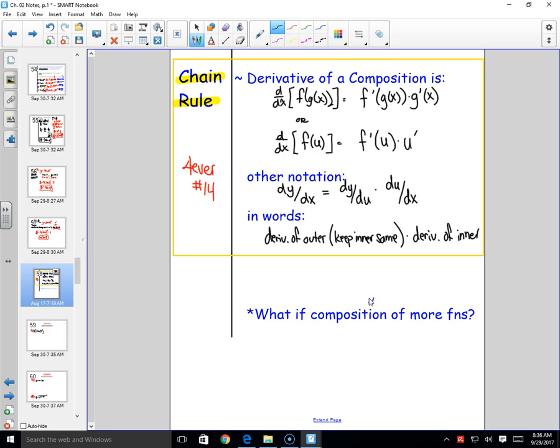What you could think of is the derivative of f of box is f prime of box times box prime.